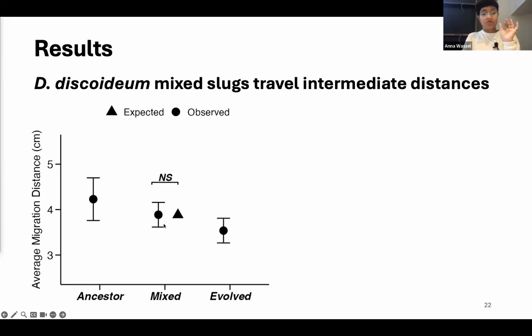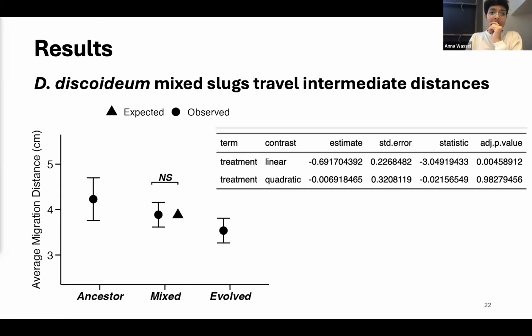And I found no difference between them. In fact, it looked very jarring. So then I measured whether a linear term or a polynomial coefficient can fit this regression better. But I found that this is very linear. So it lies right in the middle of the ancestors and the evolved.